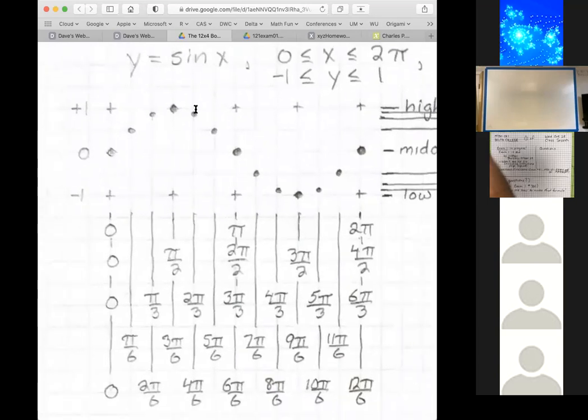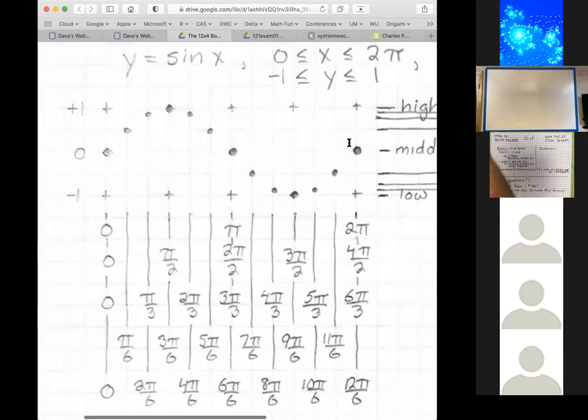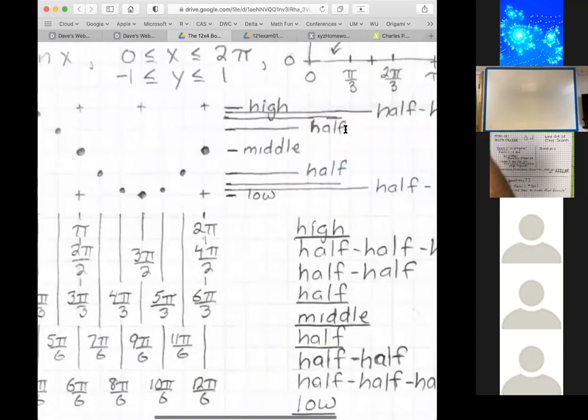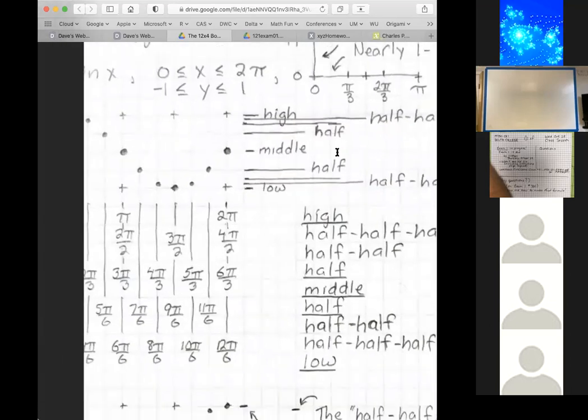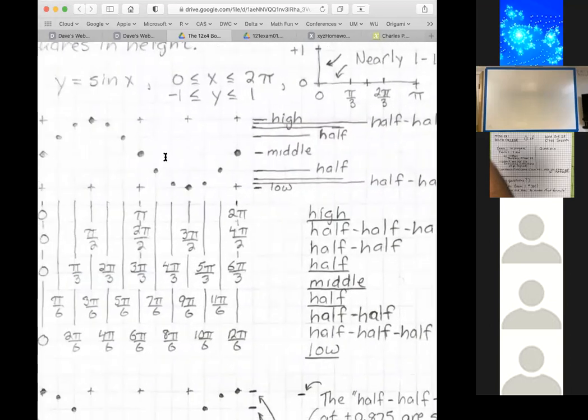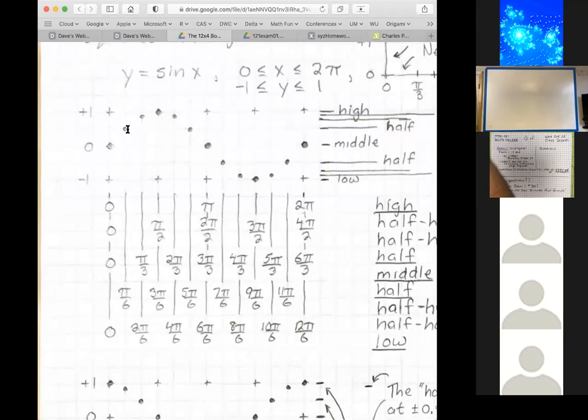You have the middle dots, the high and low dots. Then between the middle and the high and the middle and the low, you have these dots that are halfway. So I'll make that slightly smaller. And then between the halfway dot and the high, the halfway dot and the low, you have this other dot that's 3/4 of the box, half and half again.